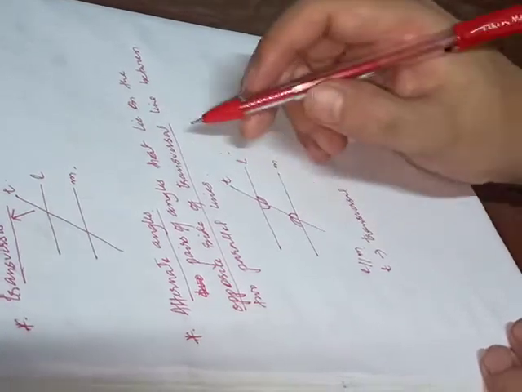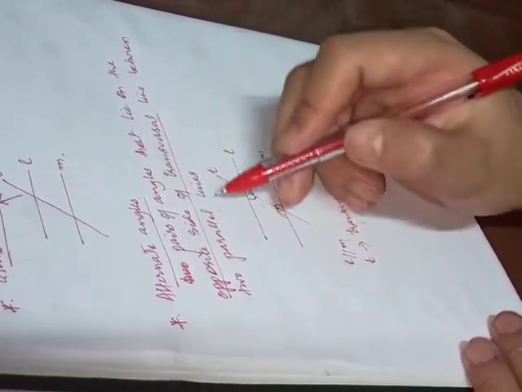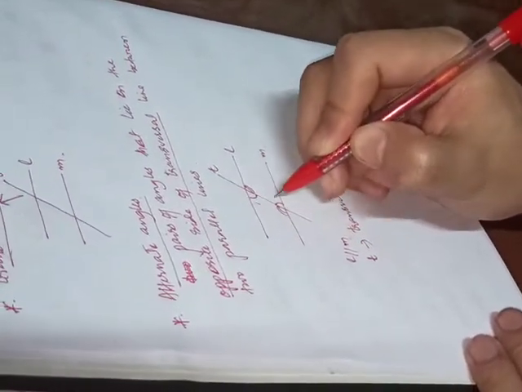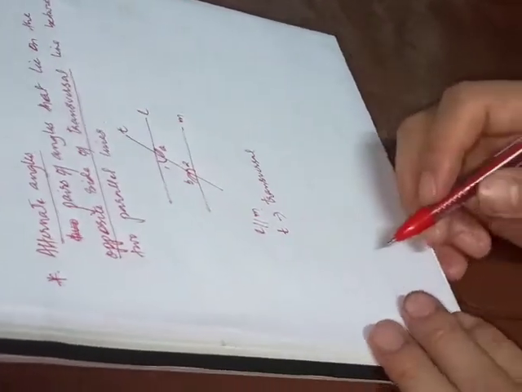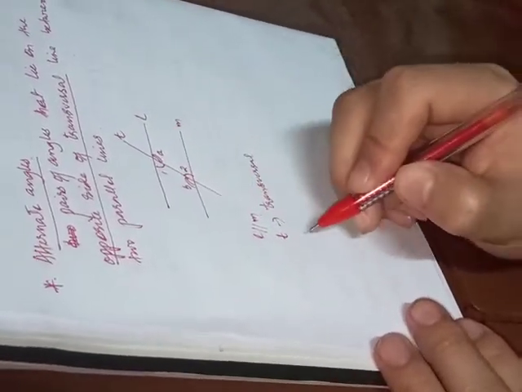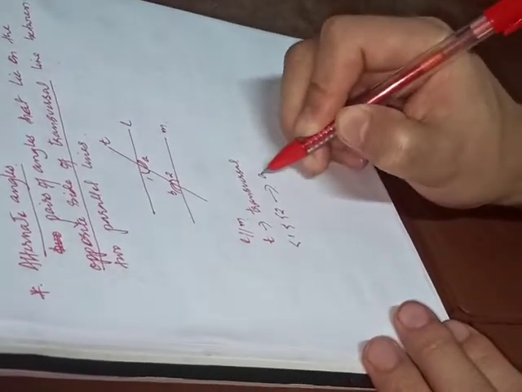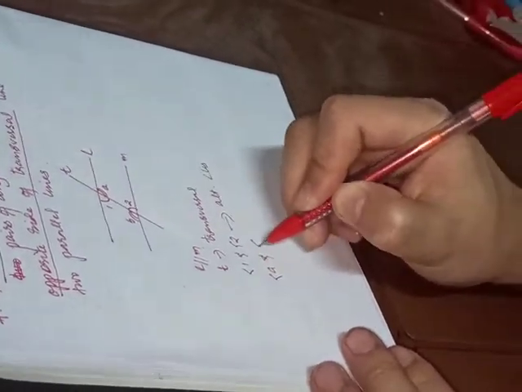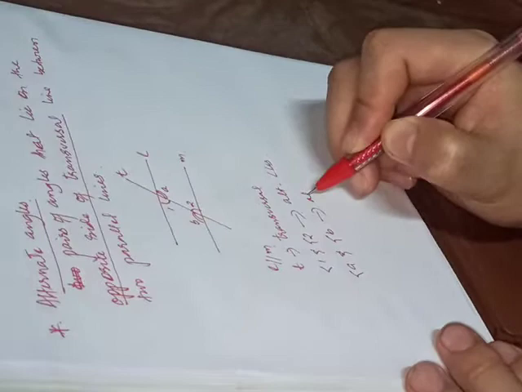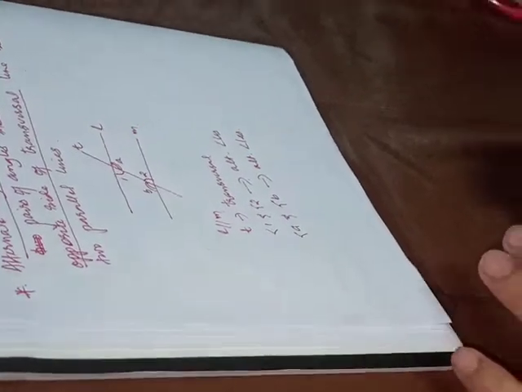So let's indicate them 1, 2, and let's take these as A and B. Angle 1 and angle 2 form alternate angles. Angle A and angle B also form alternate angles.